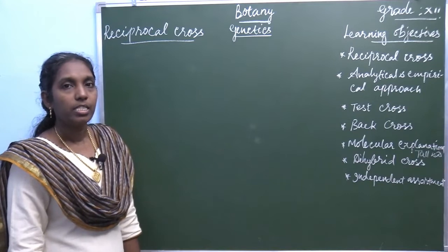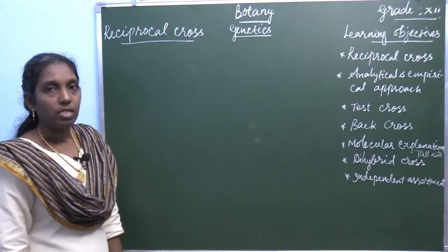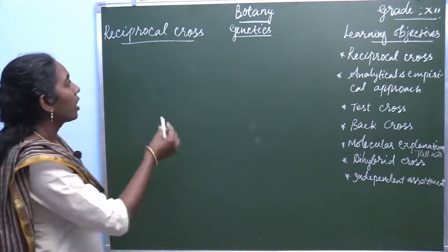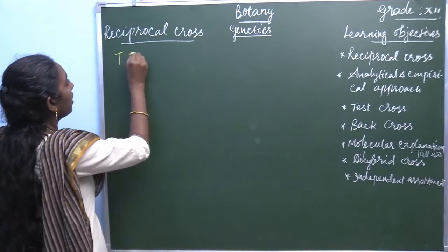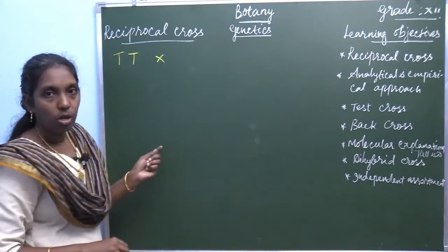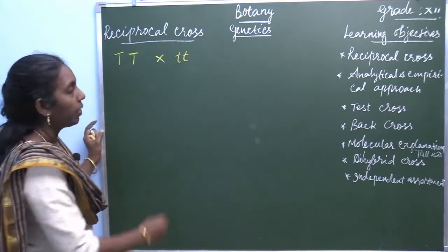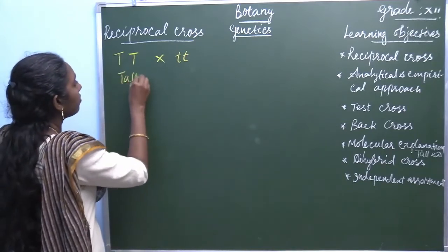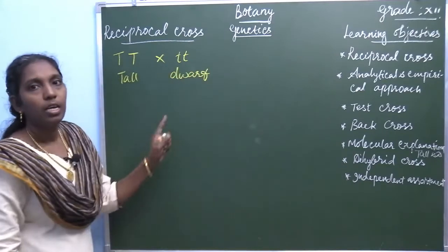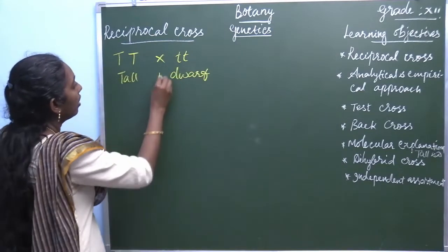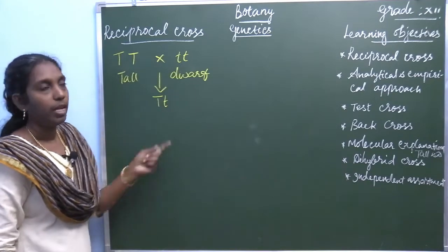What is meant by reciprocal cross? In monohybrid cross, you learned that the tall plant, capital T, is crossed with the dwarf plant, small t. So, this is tall and this is dwarf. In the F1 generation, it gives capital T and small t.